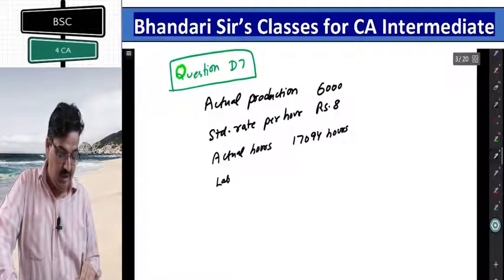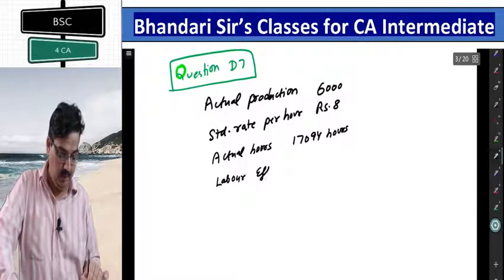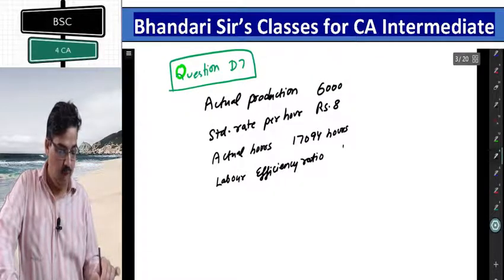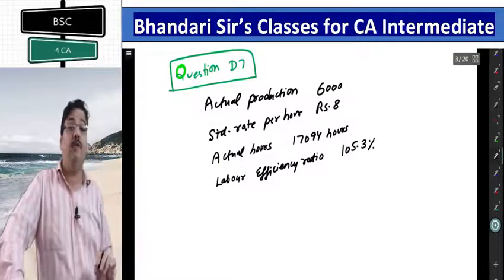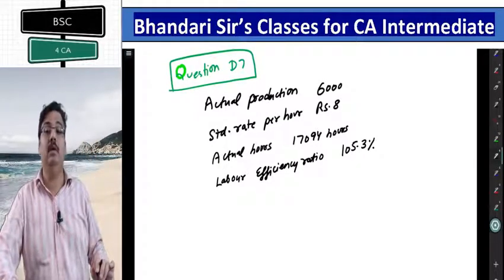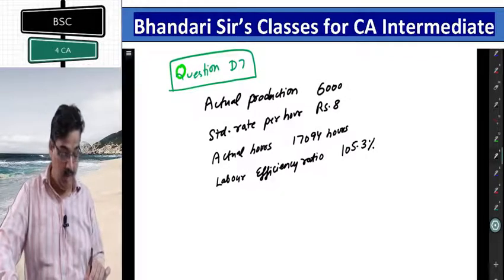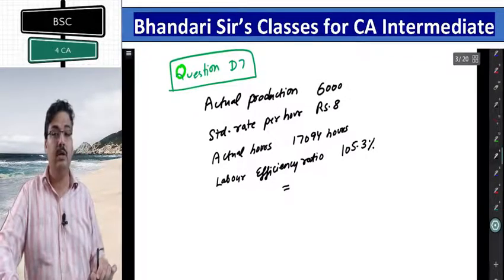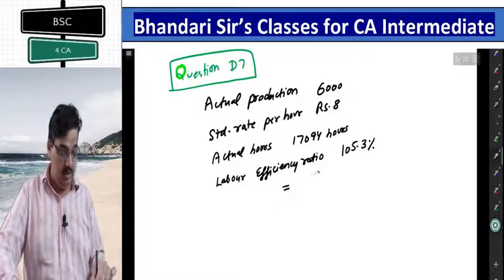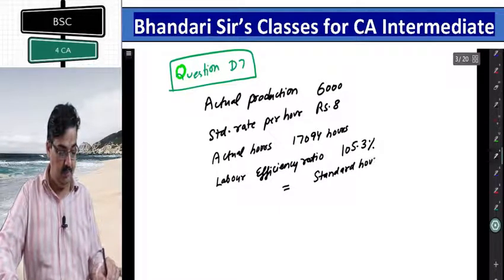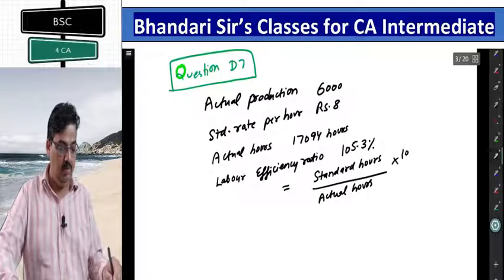Labor efficiency ratio is given as 105.3%. You need to recall the formulas we did long back in budget control ratios. What was the efficiency ratio? Efficiency ratio was standard hours divided by actual hours into 100 for percentage.